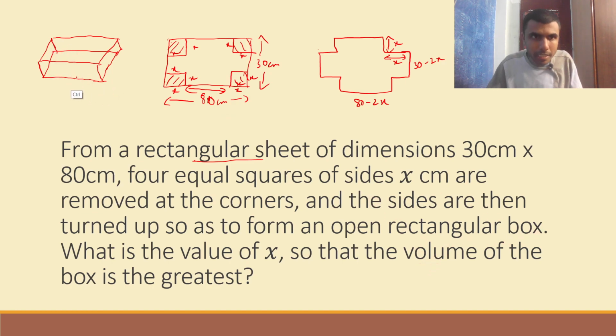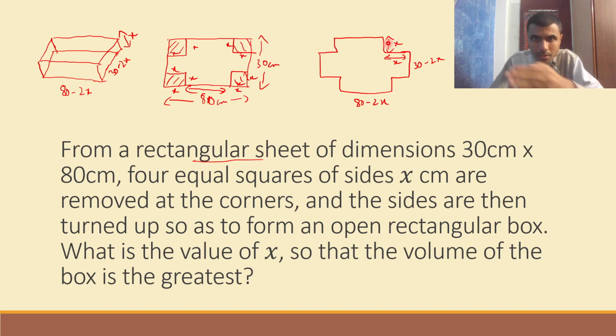Now for this open rectangular box, this is 30, this is 80 minus 2x, this is 80 minus 2x, and this is 30 minus 2x, this is 30 minus 2x, and this is x, this is x, this is x.